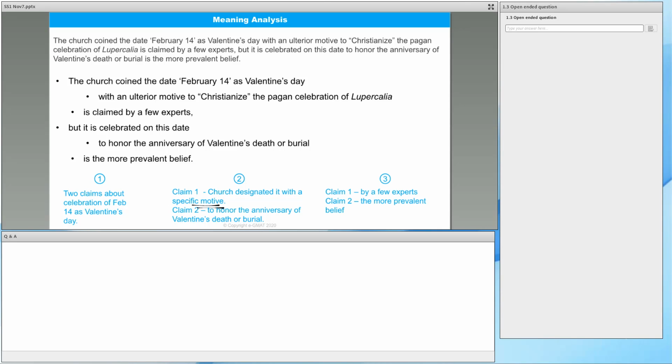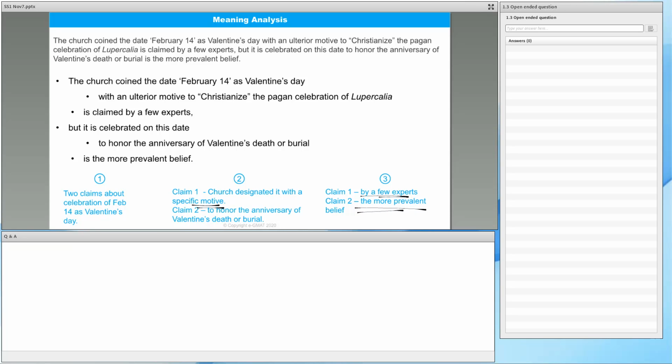What is that motive? That motive is to Christianize that pagan celebration of Lupercalia. Claim 2 is by a few experts, and that is to honor the anniversary of Valentine's death or burial. Claim 1 is done by a few experts. Claim 2 is the more prevalent belief.